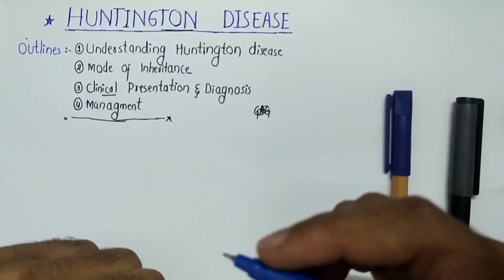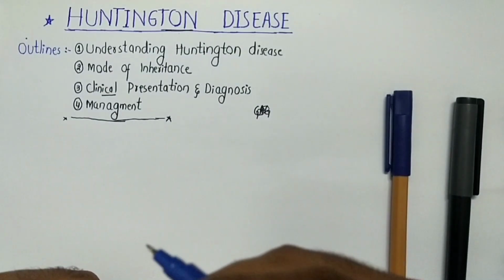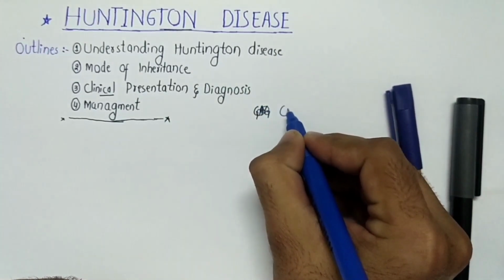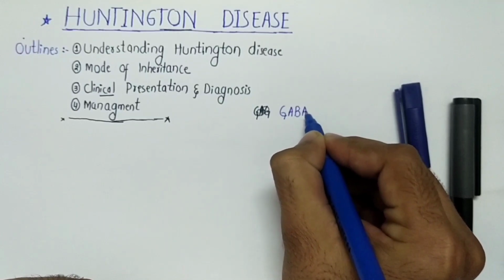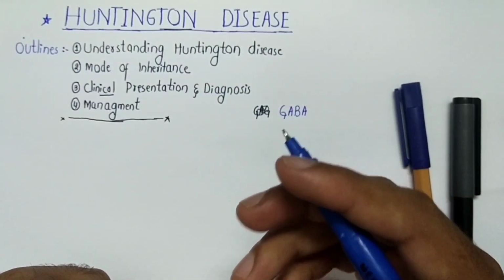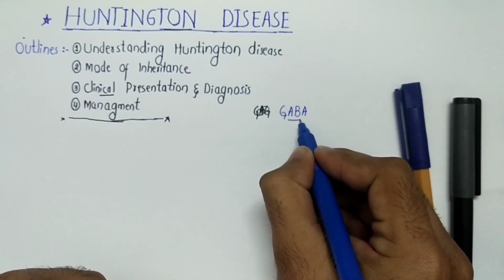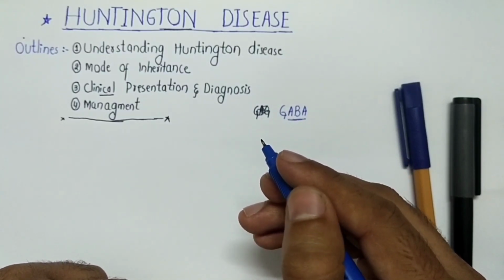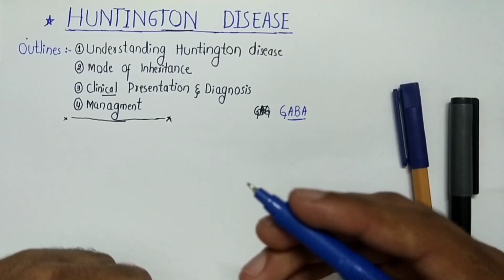As far as Huntington disease is concerned, it is a genetic degenerative disorder where there is degeneration of the GABAergic neurons in the caudate nucleus. As you know, GABAergic neurons are inhibitory neurons. So due to degeneration of these inhibitory neurons, the excitatory signals in the brain overweigh the inhibitory signals.